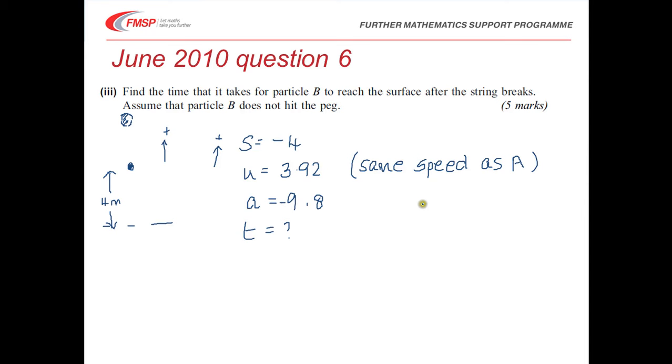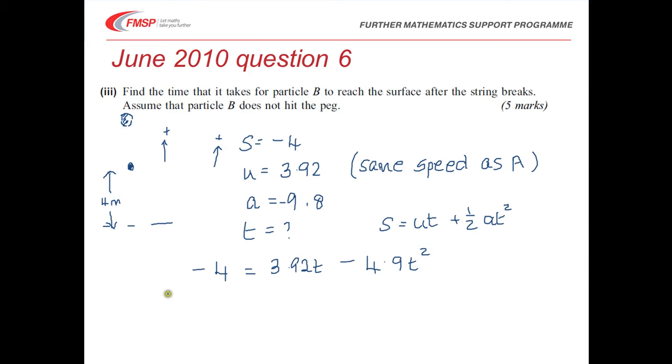So this time we want to find the time. So the equation we need is S equals ut plus a half at squared. So -4 is equal to ut, so that will be 3.92t minus 4.9, a half a t squared.